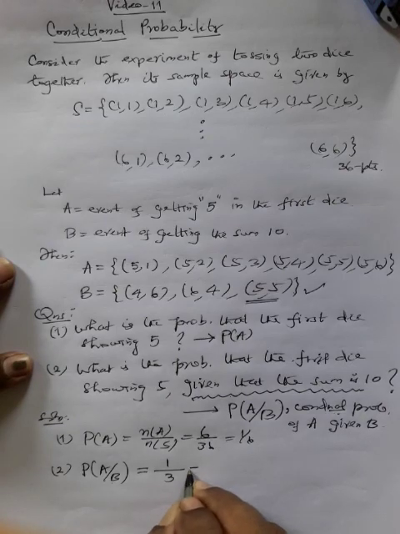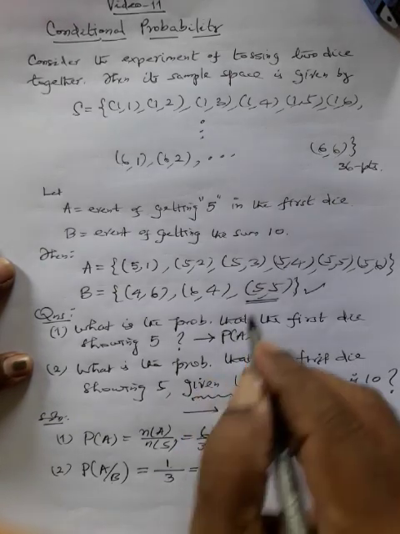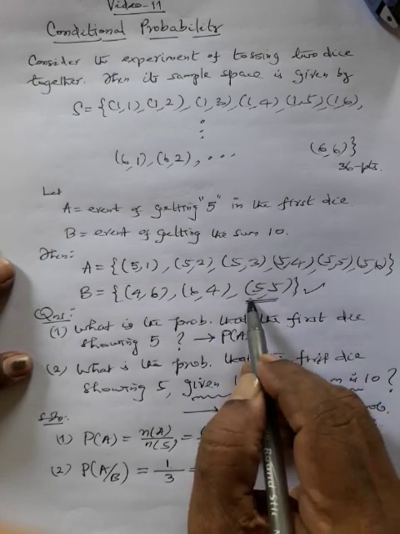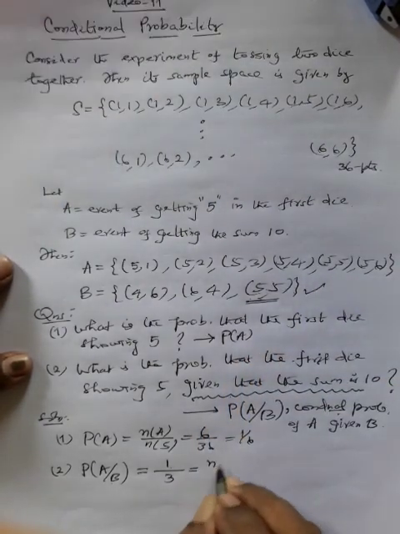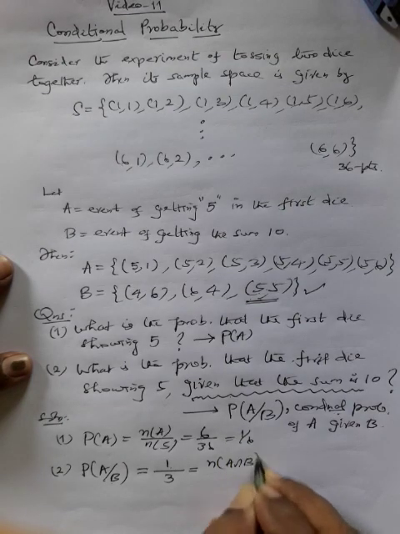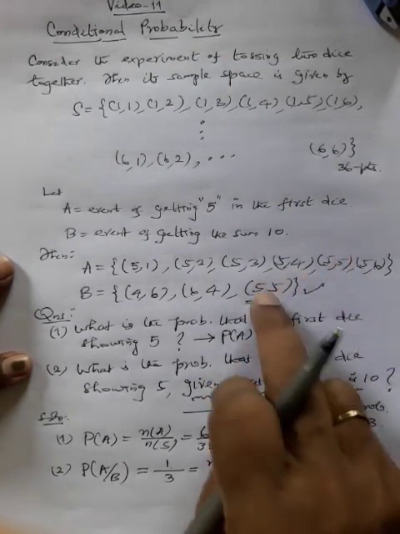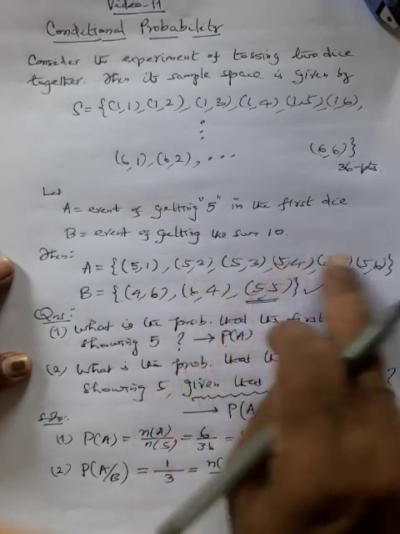This 1 over 3, what is our 1? This 5,5 is the only element common between A and B, so N of A intersection B is 1. There is only one element common between these two.